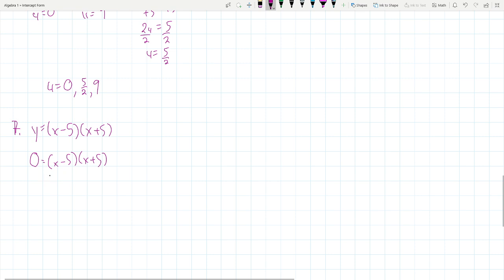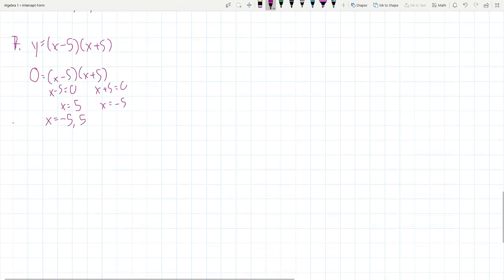So from this, we get x minus 5 equals 0, and x plus 5 equals 0, and so we get x equals 5, and x equals negative 5. So I would write this out, x equals negative 5, comma 5. If we wanted these in an ordered pair, we go negative 5, comma 0, and 5, comma 0.